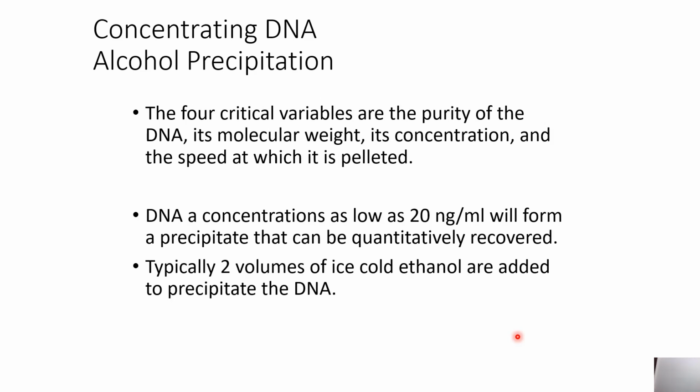The four critical variables are the purity of the DNA, its molecular weight, its concentration, and the speed at which it is pelleted. DNA at concentrations as low as 20 nanograms per ml will form a precipitate that can be quantitatively recovered. Typically, 2 volumes of ice cold ethanol are added to precipitate the DNA.